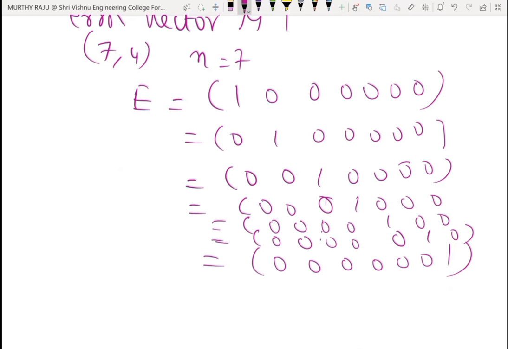These are based on the syndrome value identified in the H transpose. That means whether it is in the first row, second row, or third row of H transpose.